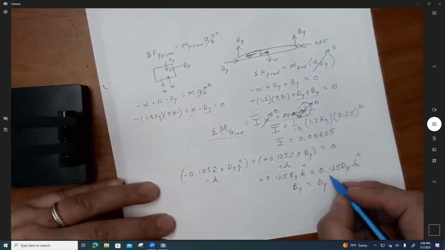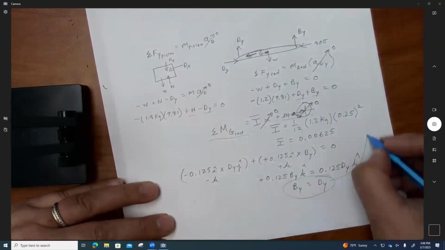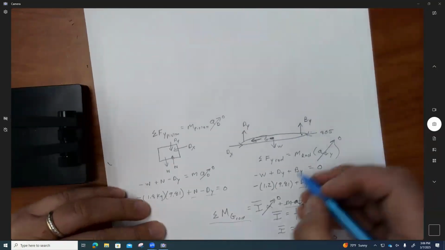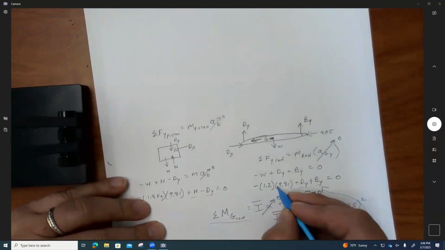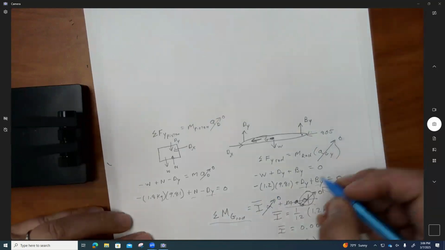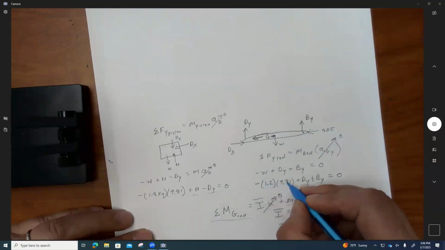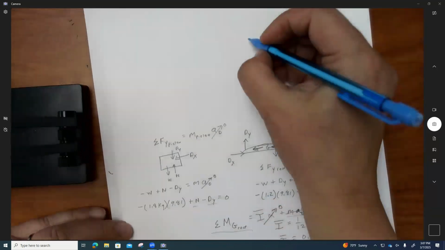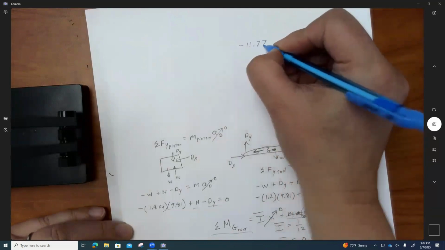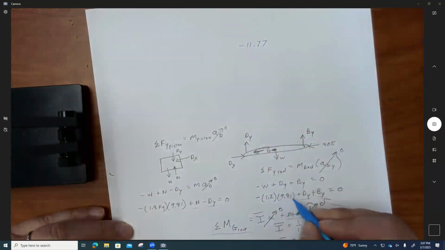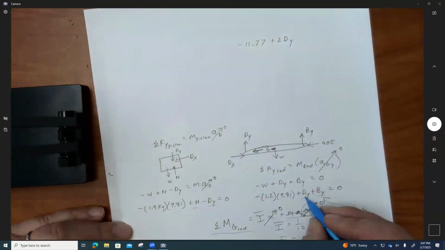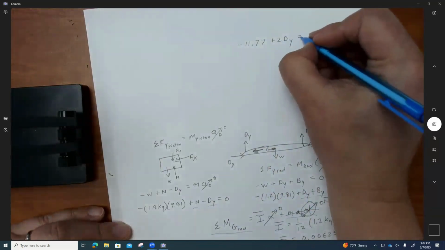If we bring that information back up to here, 1.2 times 9.81 gives us a minus 11.77, plus 2 Dy, since Dy and By are equal, equals 0.